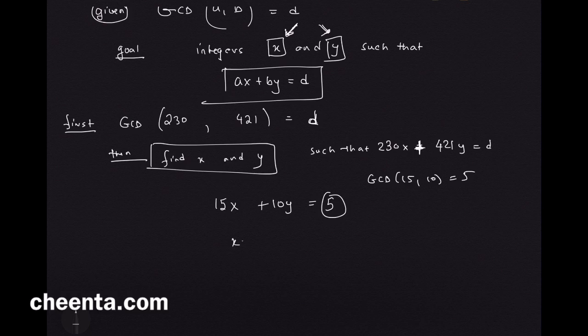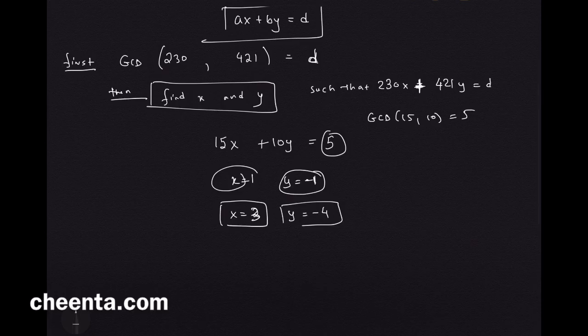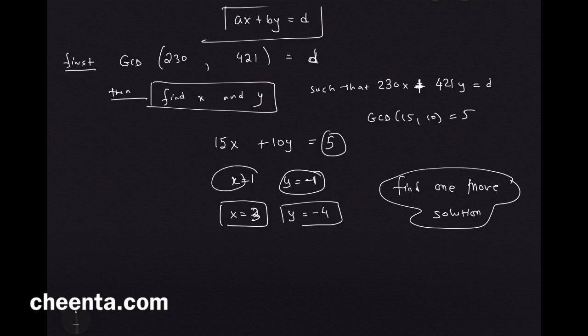For example, x equals 1, y equals minus 1 will work. But then x equals 2, x equals 3, y equals negative 4 will also work. Can you find some other examples of this solution? Find one more solution. Maybe you can put this in the comment or in the quiz section, wherever you are.